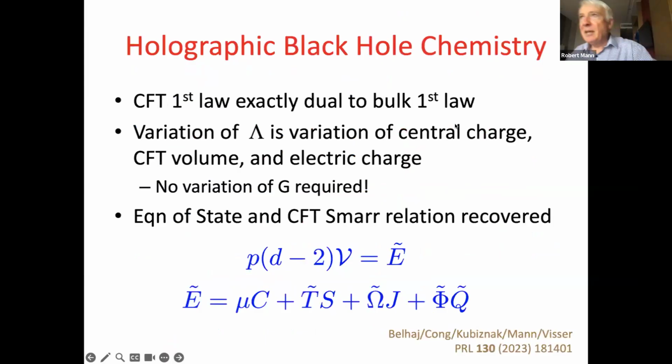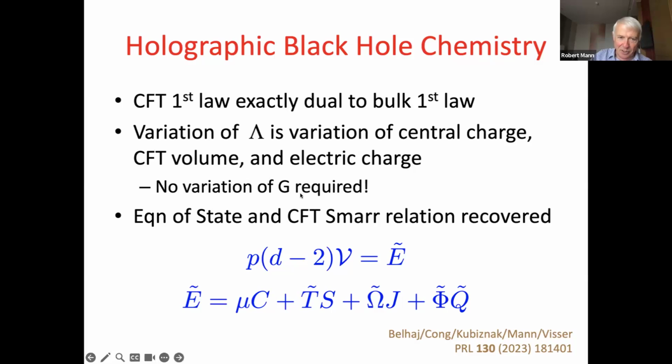So this allowed us to say we can now launch holographic black hole chemistry because we have a CFT first law that is exactly dual to the bulk first law. The variation of lambda is variation of not just the central charge, but of the central charge, the CFT volume, and the electric charge due to rescaling.